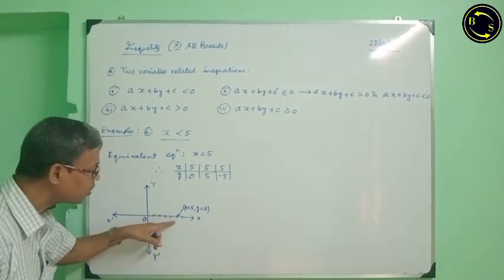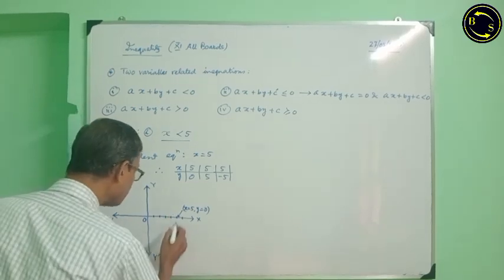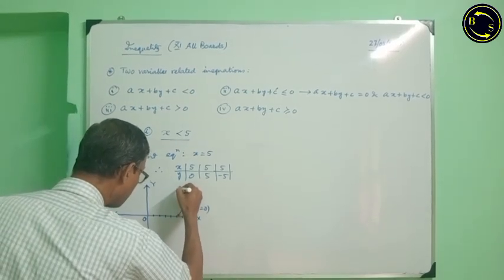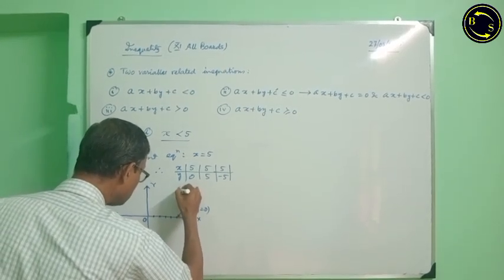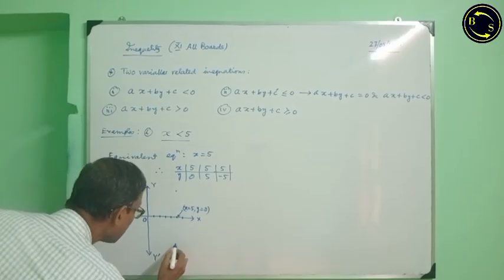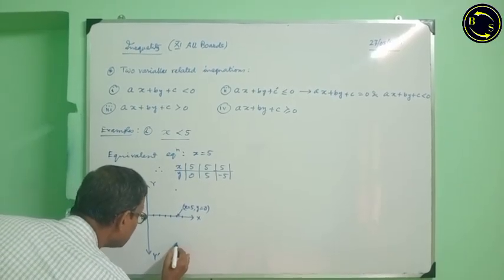Now 5 is this point, then 5, position of that point will be almost here, and 5, minus 5 will be almost here.